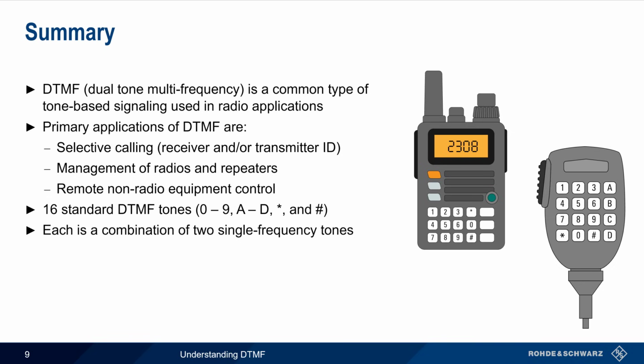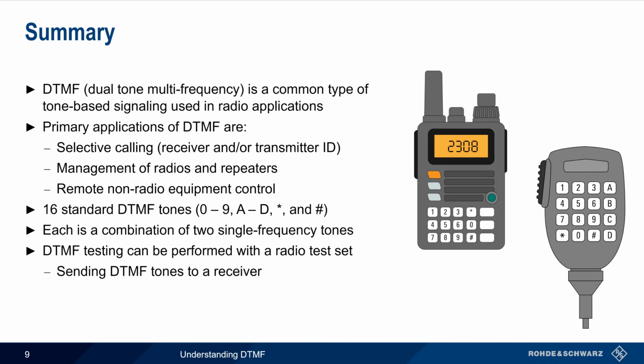Each of these tones is a combination of two single-frequency tones. And finally, we briefly discussed the two main ways that DTMF can be tested using a radio test set, namely, sending DTMF tones to a receiver and verifying proper response, or analyzing DTMF tones generated by a transmitter.